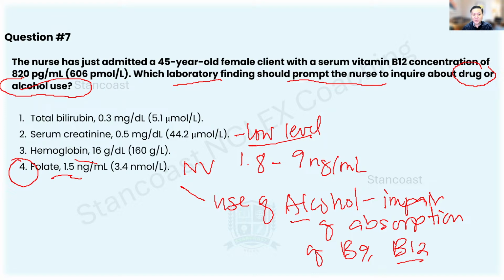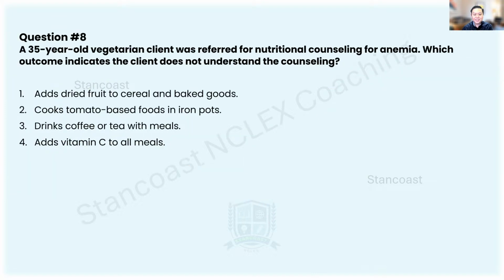Let's move on to item number 8, guys. The statement says, a 35-year-old vegetarian client was referred for nutritional counseling for anemia.